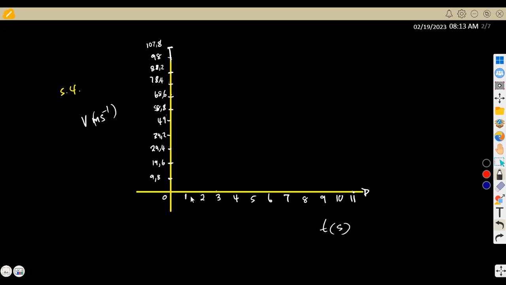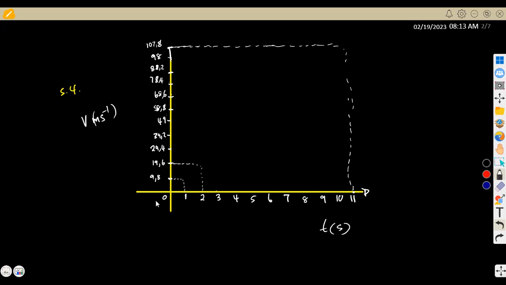According to the time, we've got 11 units, 1, 2, up to 11. So this 11 corresponds directly with 107.8. These 2 points correspond with each other, just like what we saw, the points 1 and 9.8, 2 and 19.6, and so on.